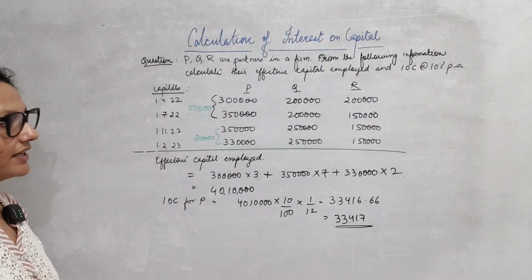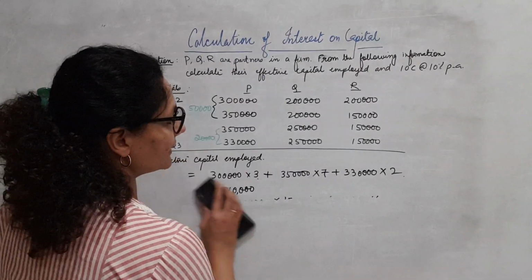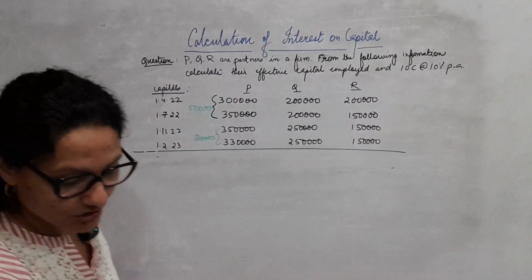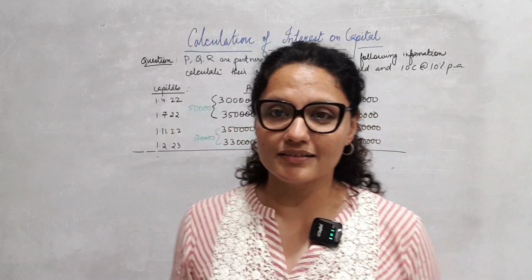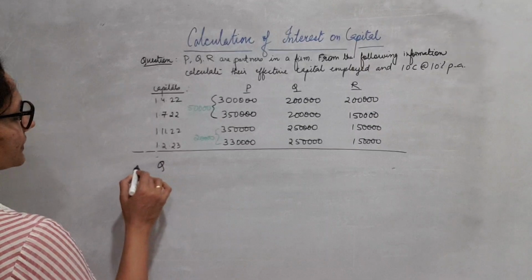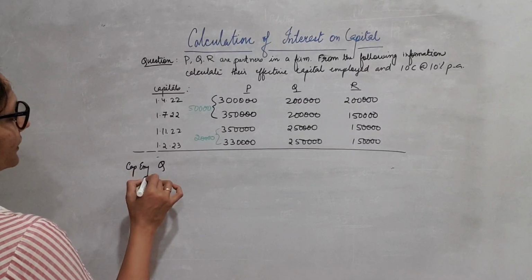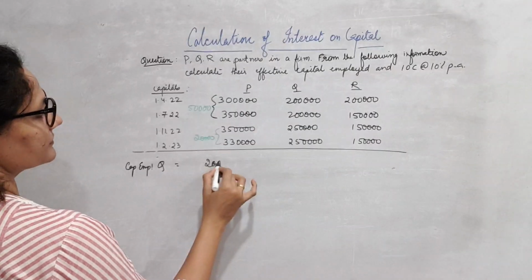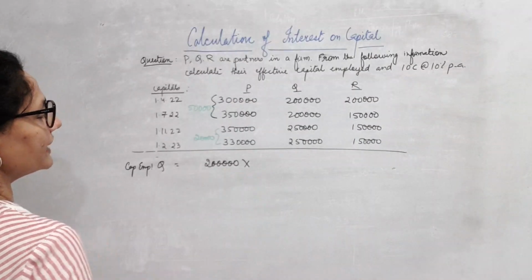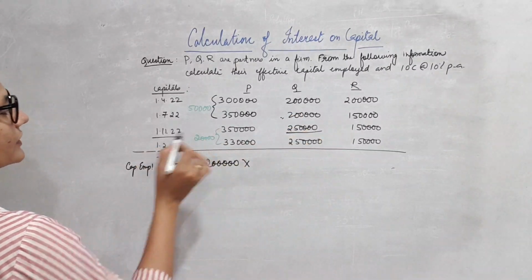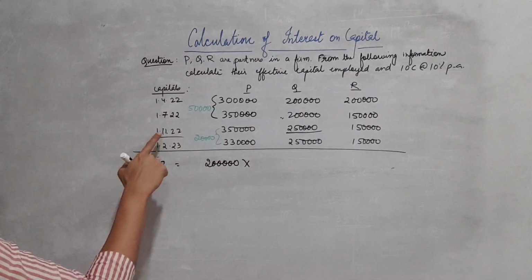The same way. Now the only thing that you have to take care of is not to go wrong with the number of months. Those calculation errors you should avoid. Let's take Q. Capital employed. Started with 2 lakhs on 1st April and it remained 2 lakhs until it changes on 1st of November, 11 is November.